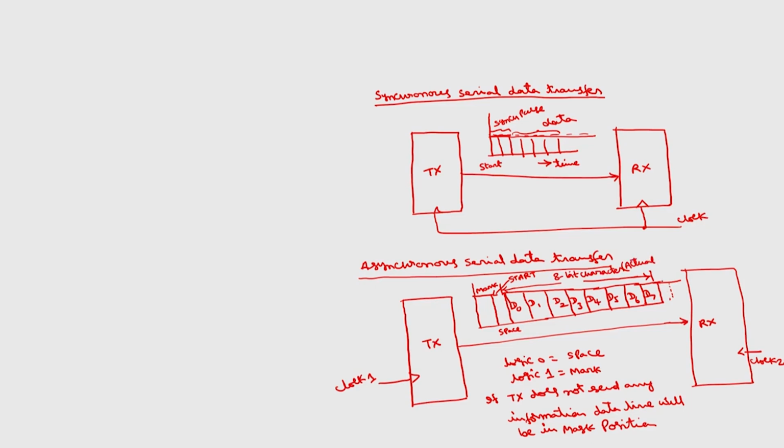And there are 2 high signals, this is mark. These 2 are called stop bits. I will explain this in detail by transmitting some of the characters.